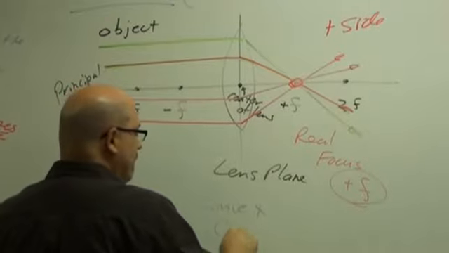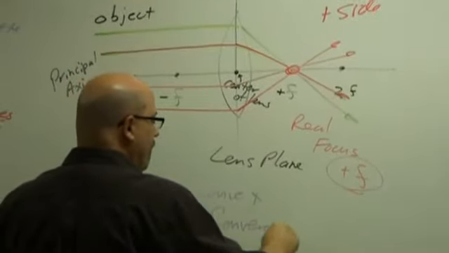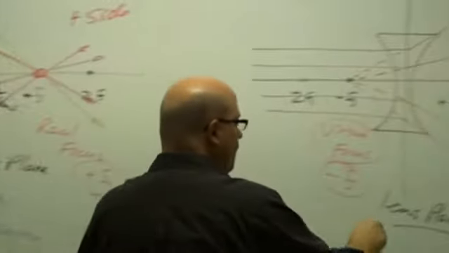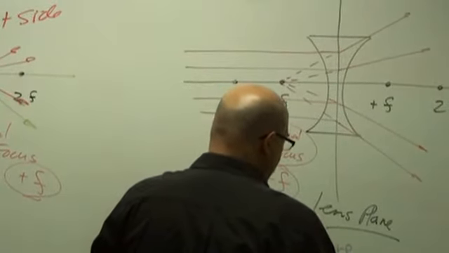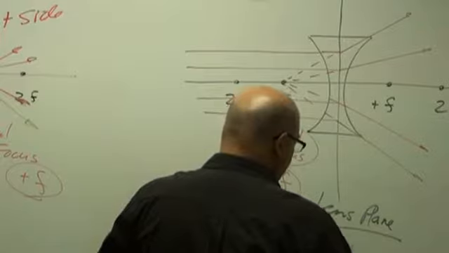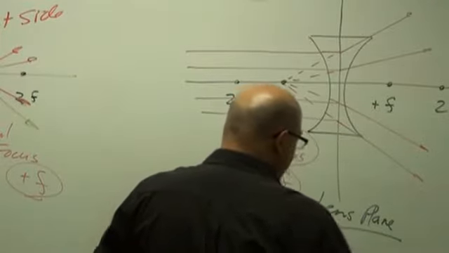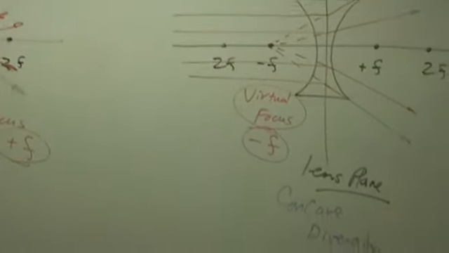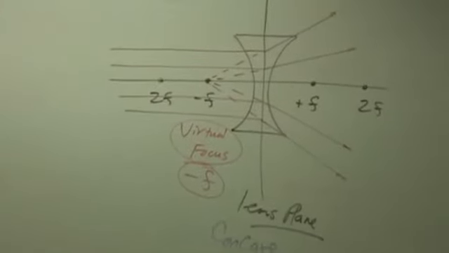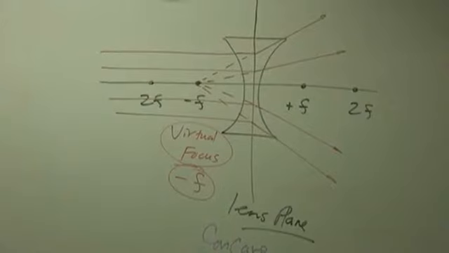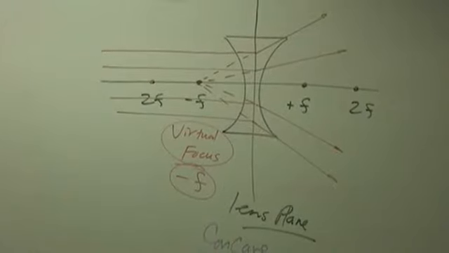So be careful. Convex lenses and concave mirrors are converging. Yes, it's the opposite.